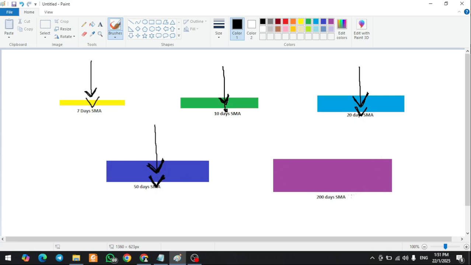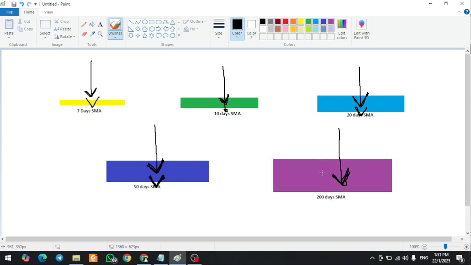And then the last one is 200 days moving average. Just imagine this like 200 layers of paper stacked onto each other, and you try to break it with the knife.